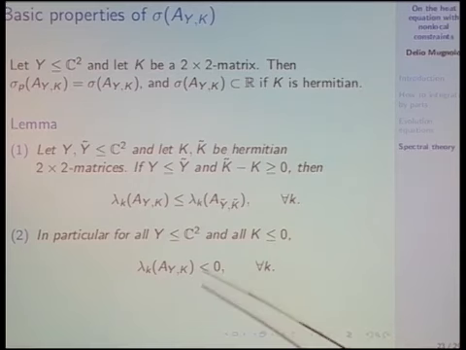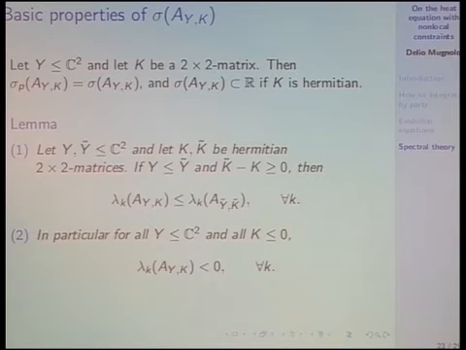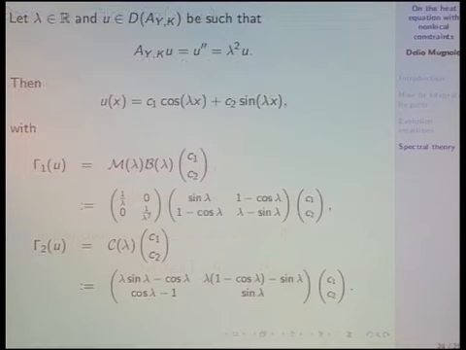So the spectrum, even in the extremal case, is always strictly negative. But you can show something more. This is a nice feature of this parametrization of self-adjoint operators based on this Y and K approach.